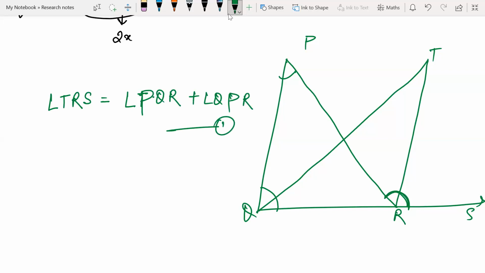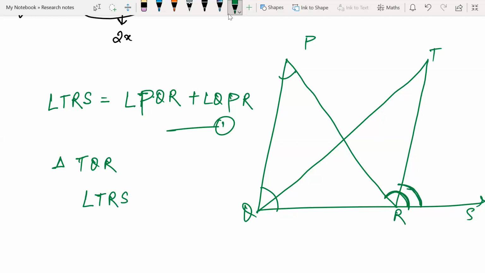Now the other triangle we were taking. Which triangle were we taking? Triangle TQR. And there also we have taken the same, that is angle PRS.